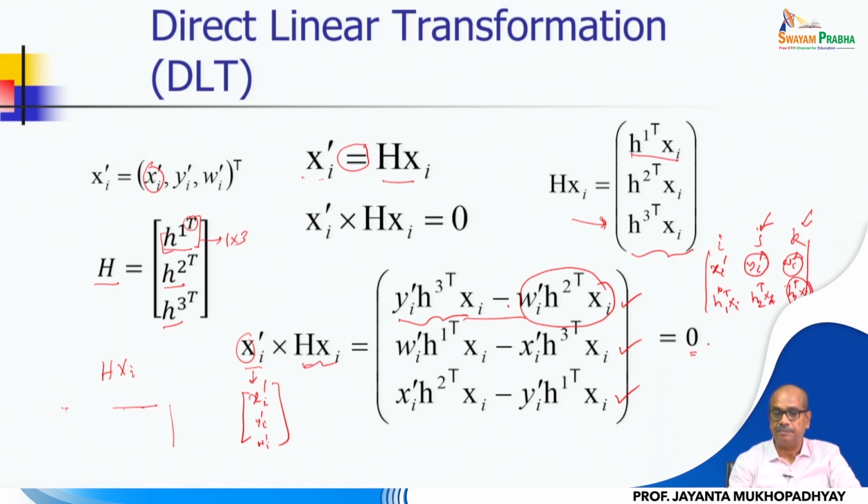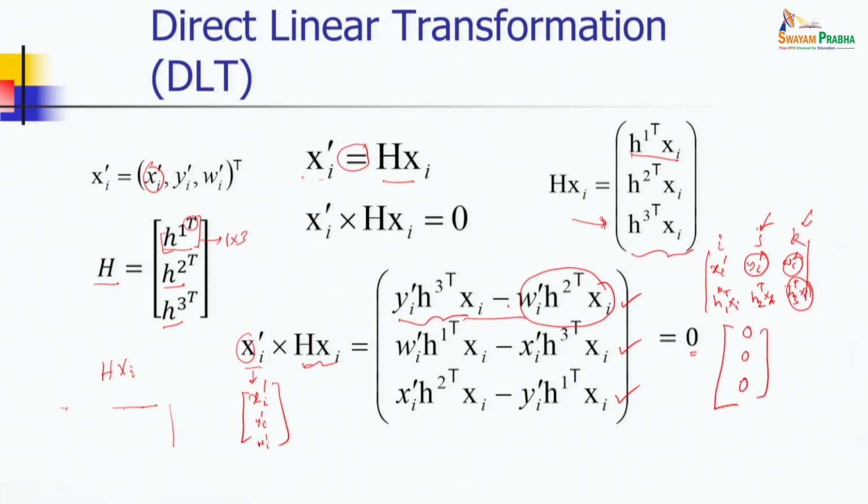Now this 0 is not a simple 0. This 0 is actually a 0 column vector. So you get three equations: this equal to 0, this equal to 0, and this equal to 0.